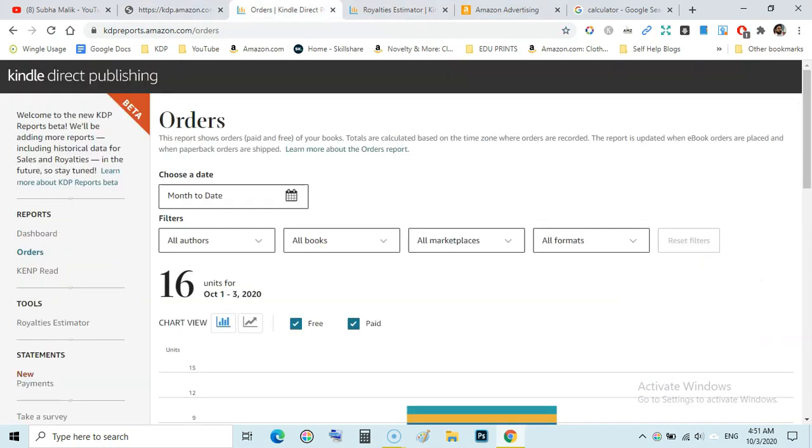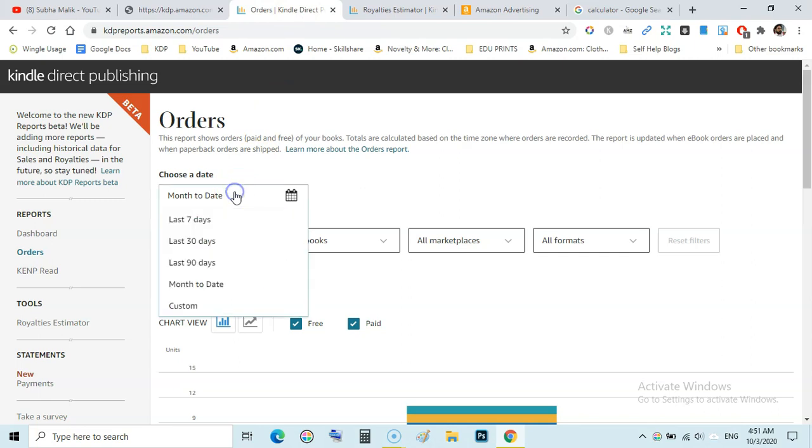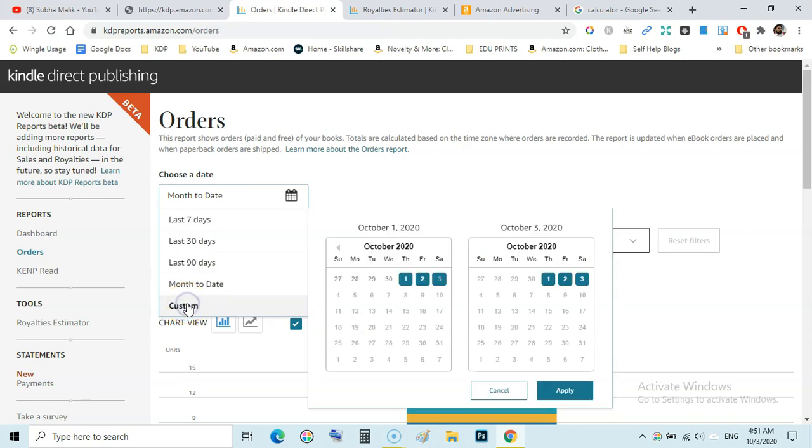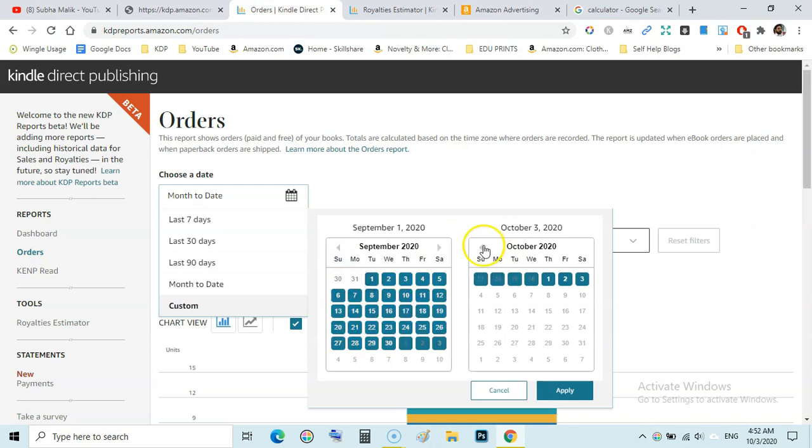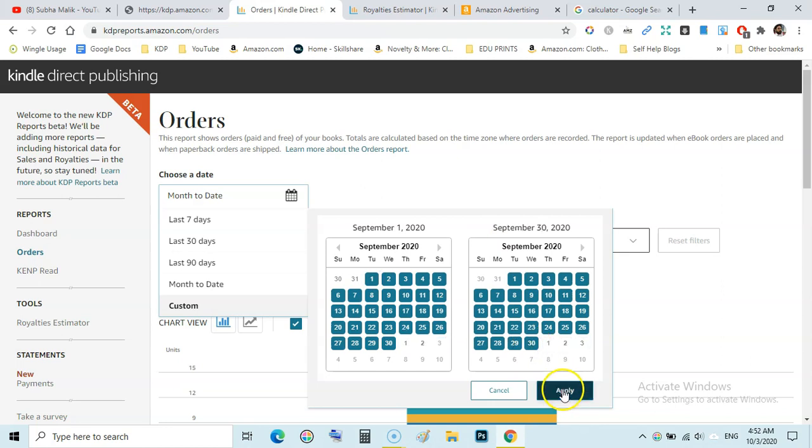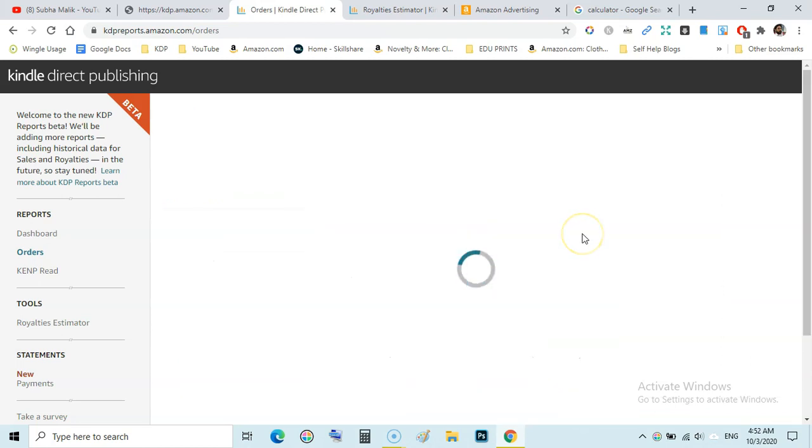This is KDP reports beta, and this shows the current month of October. Let's select the last month. We're going to custom and then go to September 1st and September 30th and hit apply.